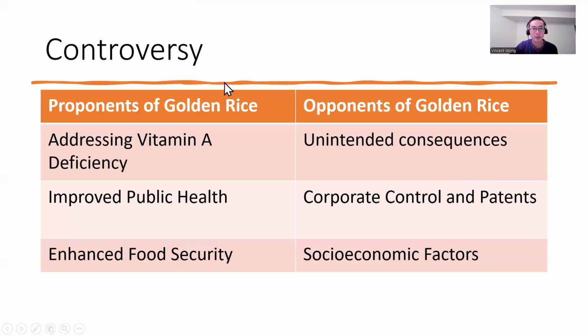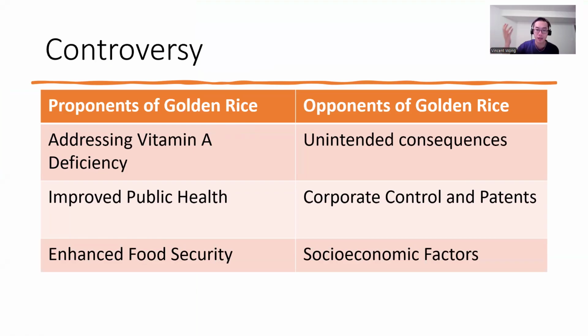Okay. People who support the use of golden rice argue that it addresses the vitamin A deficiency crisis in some of these low-income countries. If you can prevent a child from going blind, why wouldn't you, right? It will also improve public health because, as I told you, vitamin A deficiency is linked to low immunity.